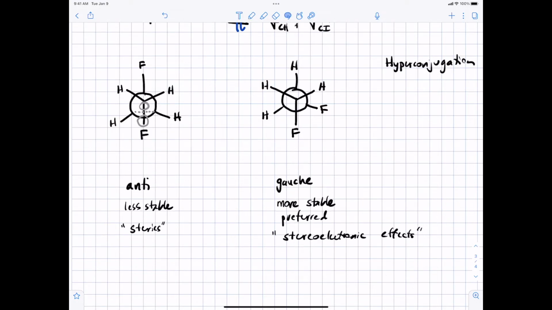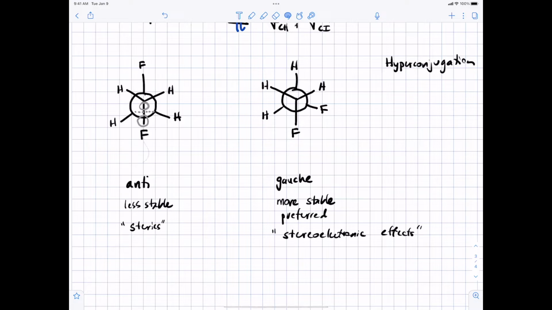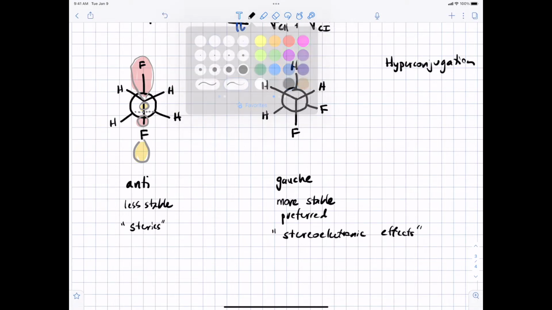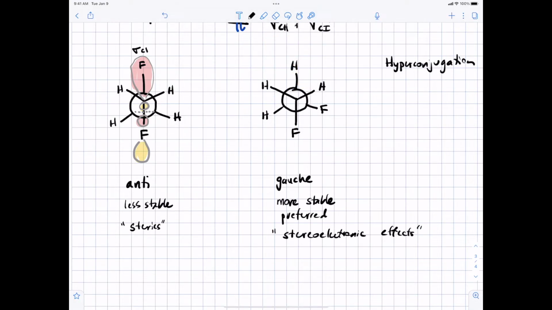I just need a little bit more space. And then we'd have a large lobe here. Okay, and we can fill in the phase relationships or the wave function sign. Fine. All right, that is the carbon fluorine sigma star in the front.